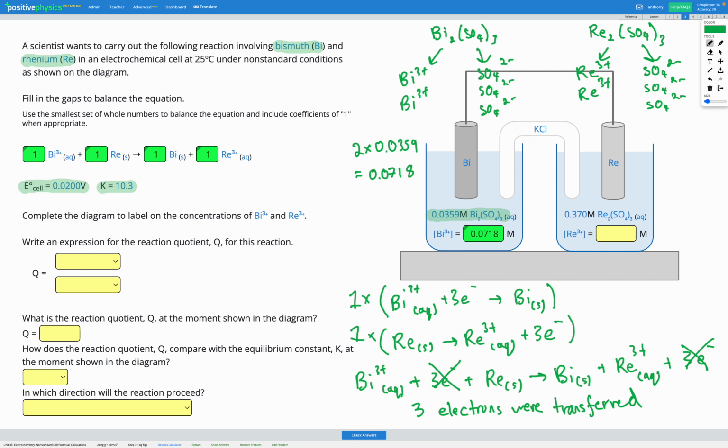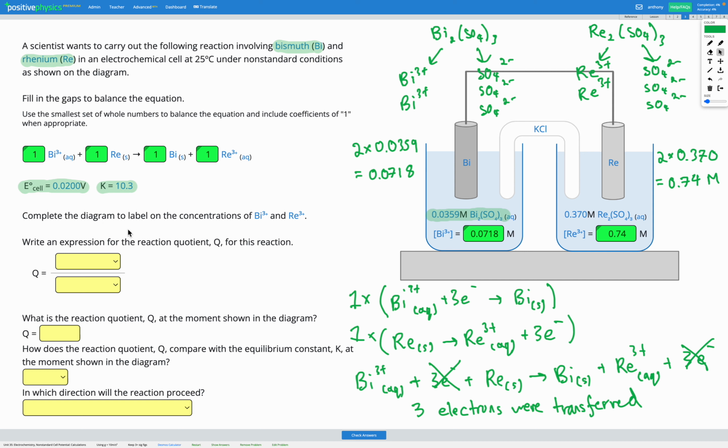So if our concentration of the salt, the compound rhenium 2 sulfate 3, is 0.370 molar, we're going to have twice that for the concentration of rhenium 3+. So it's going to be 2 times 0.370, which is 0.74 molar. So we can go ahead and fill that in here. Awesome. Okay, so we have our concentrations of our 2 ions.